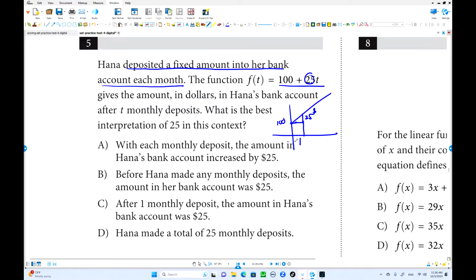So what is the best interpretation of this 25, the slope? Which one represents the slope? With each monthly deposit, the amount in Hannah's bank increased by 25, right? Every month it increased by 25. That's the slope. Okay, choice A is the answer.